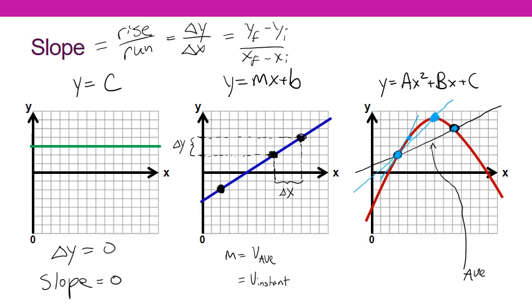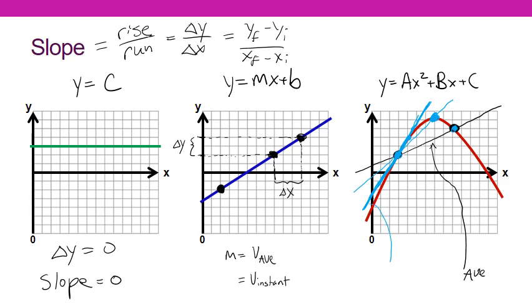And I would get a line, and it's hard for me to draw that line, but I would get a line that is tangent to the curve of this graph. And that is then what we talk about when we talk about the slope at a point on a curve. It's really the slope of the tangent line that passes through that point.